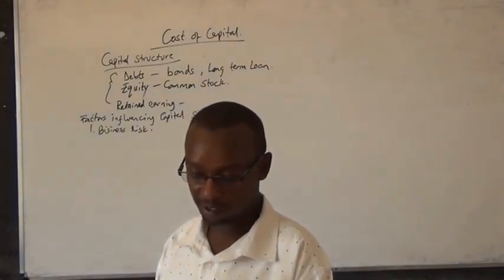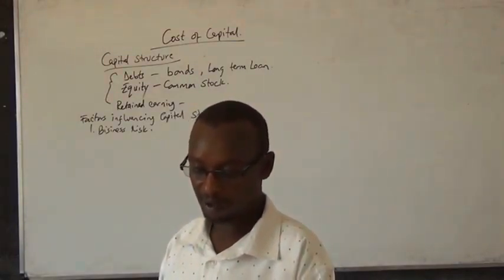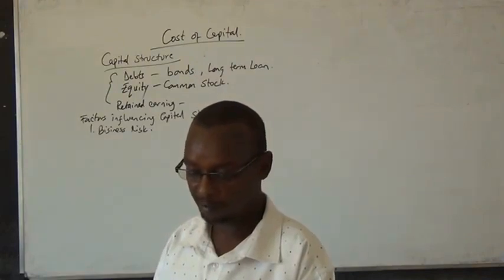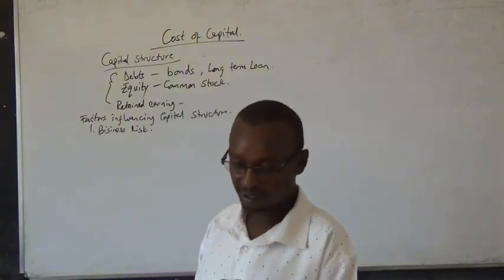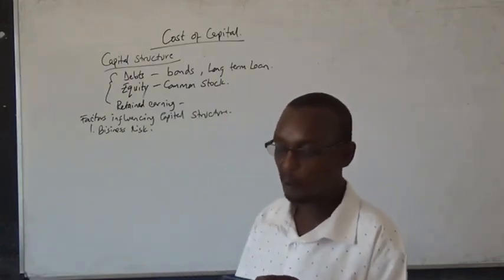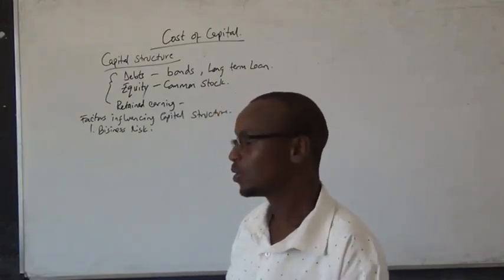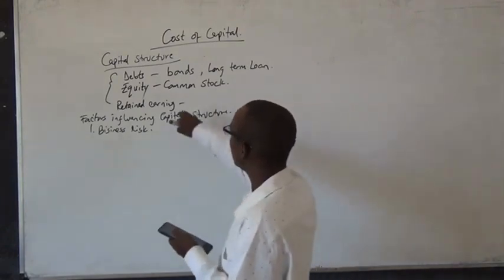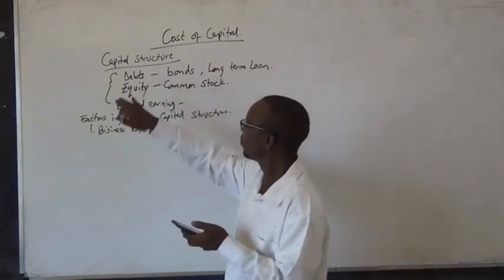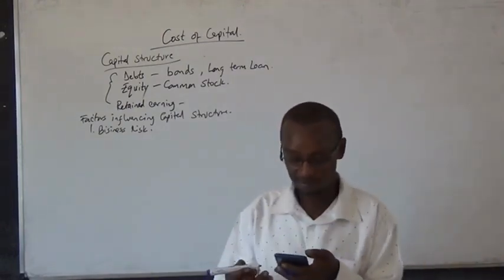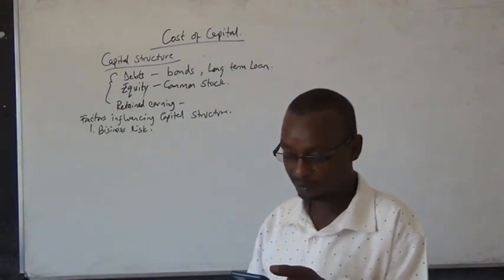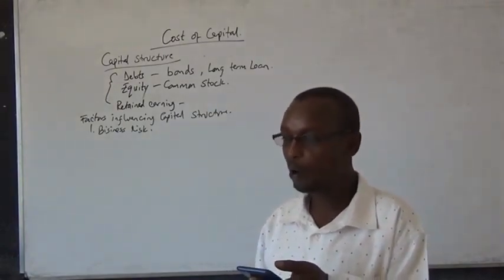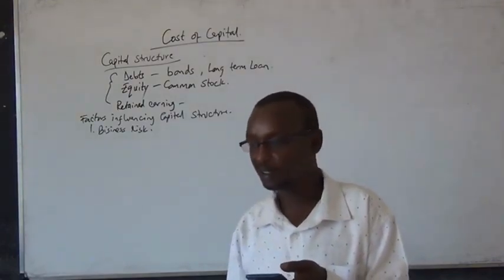Business risk is the basic risk of the company's operations, and the greater the risk, the lower the optimal debt ratio. So if any of these items has high risk, we set it aside, and there is a lower optimal debt ratio.